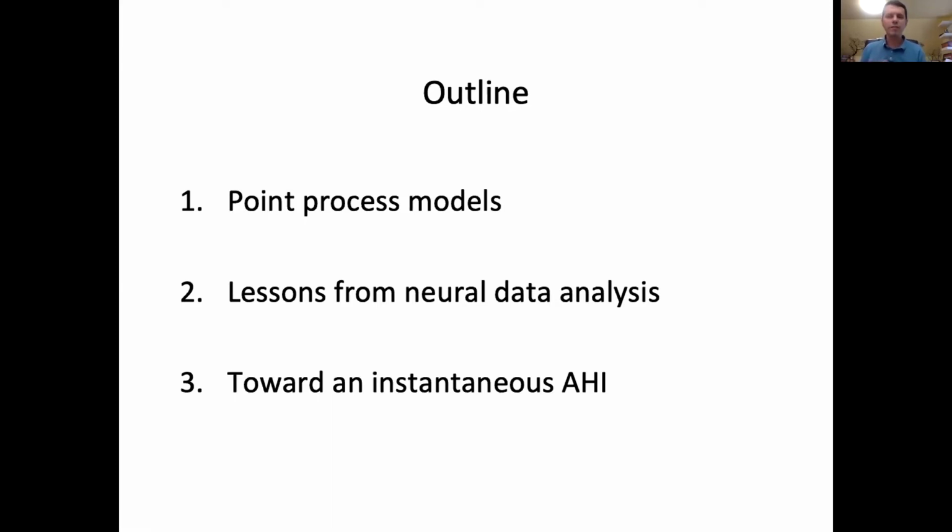And then I'll pivot towards just a few small examples from neural data analysis, and how point process modeling has been used to really understand things that wouldn't be identifiable just through standard statistical methods. And we're going to take those lessons and then try to apply them to data from sleep disordered breathing, in particular trying to look at an instantaneous measure of the rate of respiratory events.